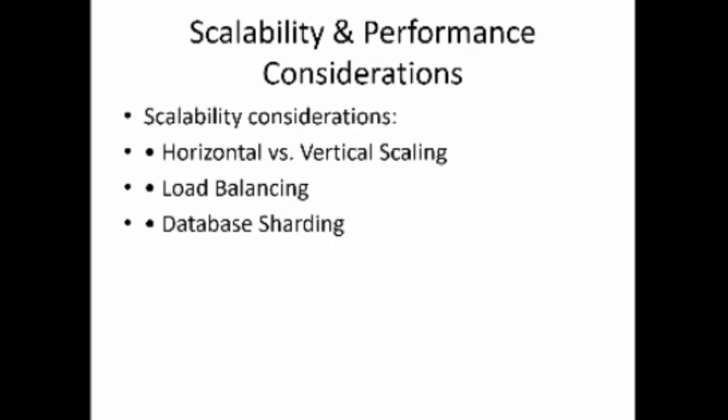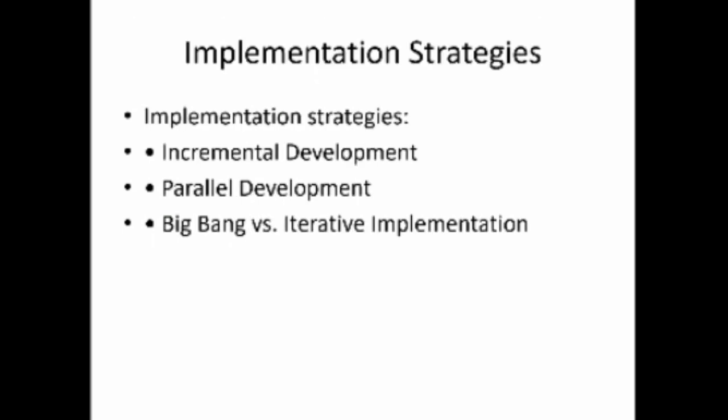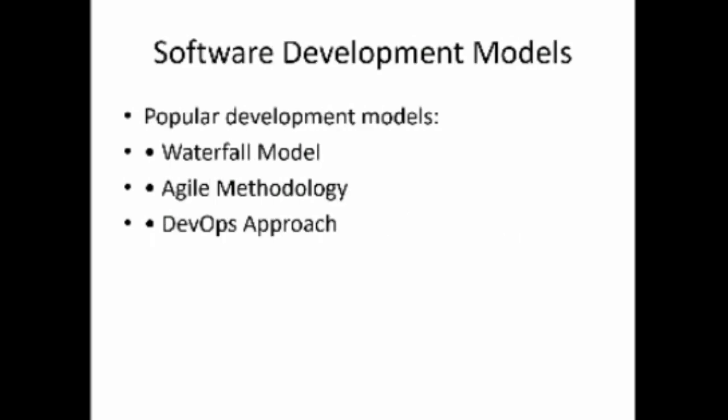The scalability considerations are horizontal versus vertical scaling, load balancing, and database sharding. The security considerations in system design are authentication and authorization. Authentication is very important in security, and the data needs to be encrypted before sending. Next, secure coding practices. Implementation strategies. The implementation strategies are incremental development, parallel development, then Big Bang versus iterative implementations.